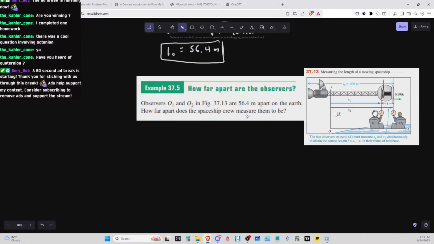All right. So, let's see. So is it the same premise? Do we just take the length of what they measure of the space station and just apply it to this?